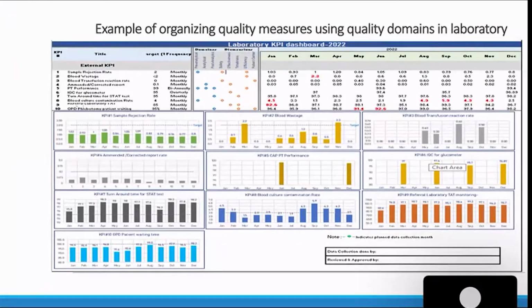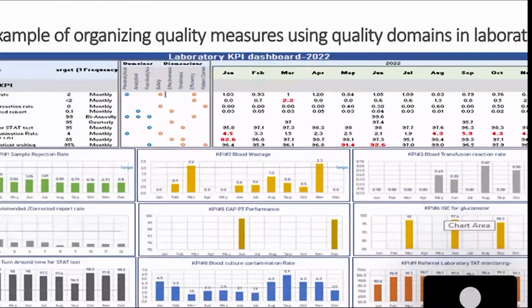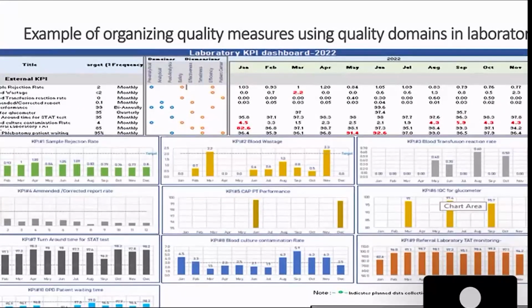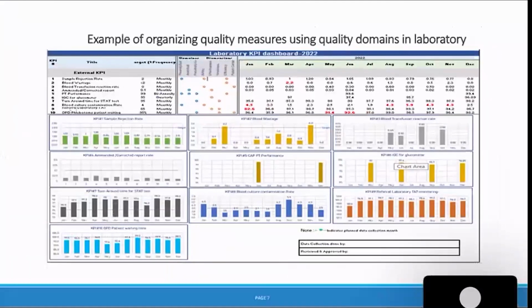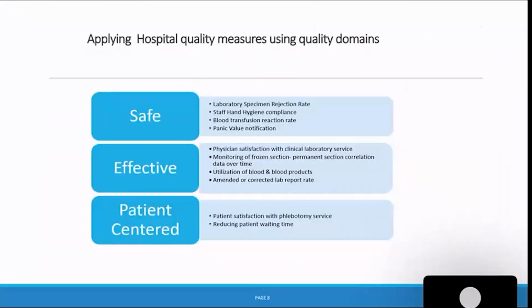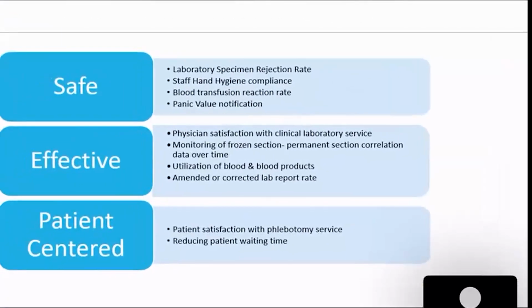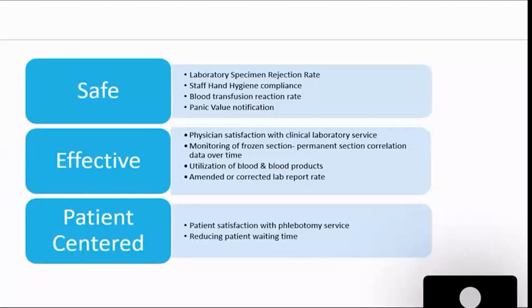This may not be a very appropriate way to display the data, but after understanding from the CPHQ class, we are trying to improve it and display the data in a better and more appropriate way. These are examples of how we incorporate the 6 dimensions of quality into our work practice.